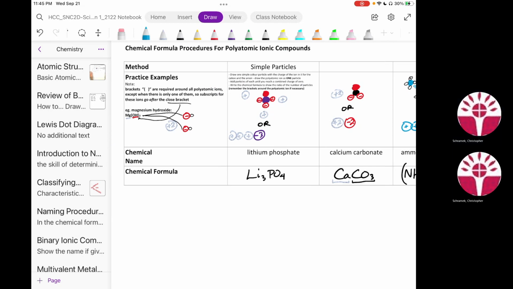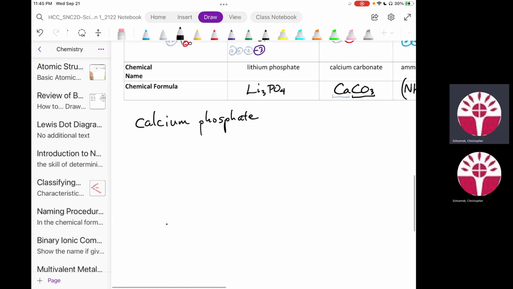All right. Let's think about calcium phosphate. How about that one? Hmm. Now for this one, we'll again use +2 for calcium and phosphate, -3.